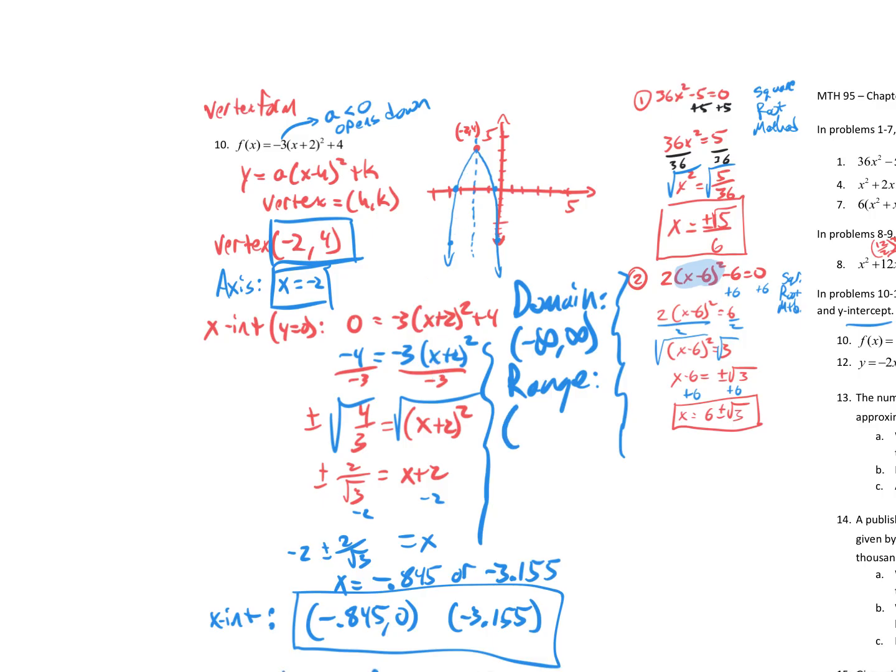So the range is the y values. There's no limit on the bottom, so it goes down to negative infinity. And it does stop at 4, and 4 is included, so it needs to be a square bracket, a hard bracket. All right, found all the goods there for number 10.